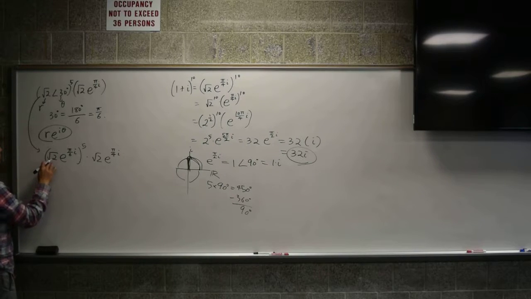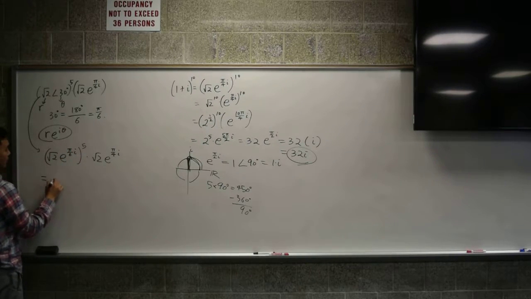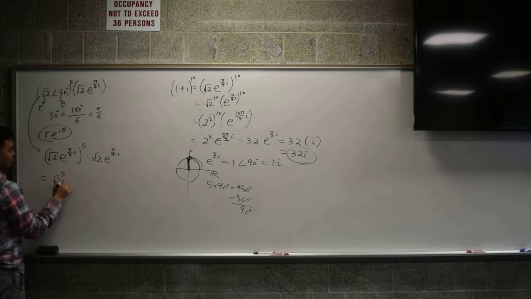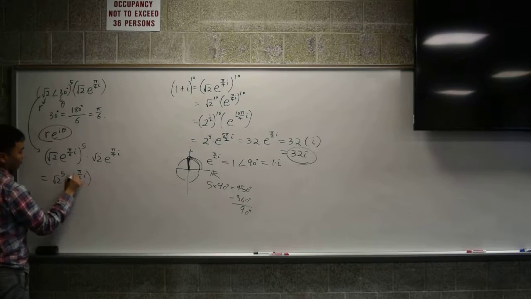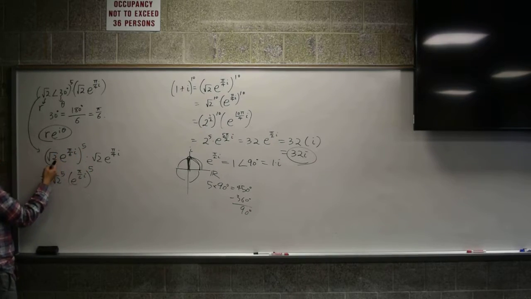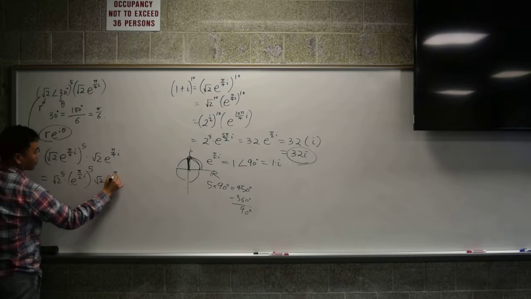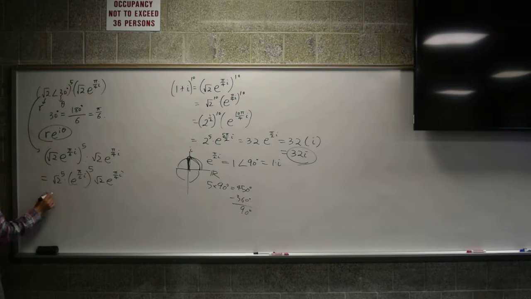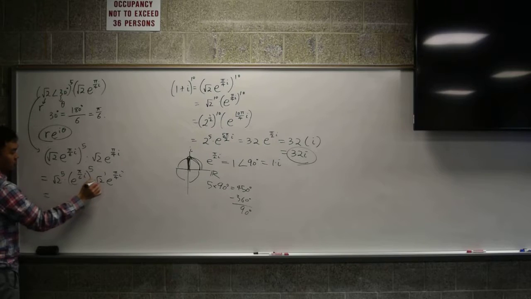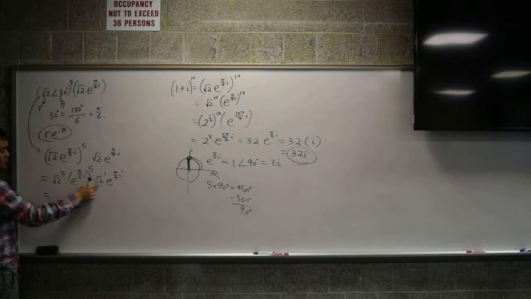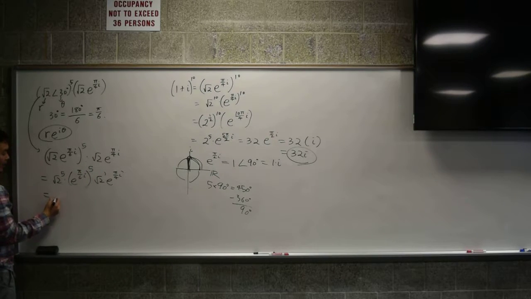All right, let's continue. This is radical 2 to the 5th power times e to the pi over 6 i to the 5th power, because if you exponentiate, they distribute to each one of them. And then square root of 2 is first power, so if you multiply these two together, since these two have the same base, their exponents add.